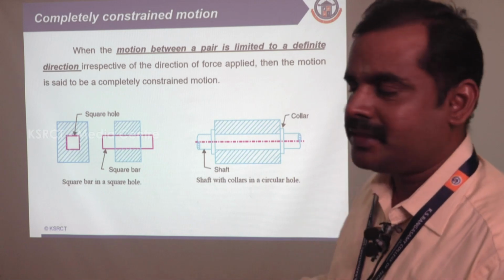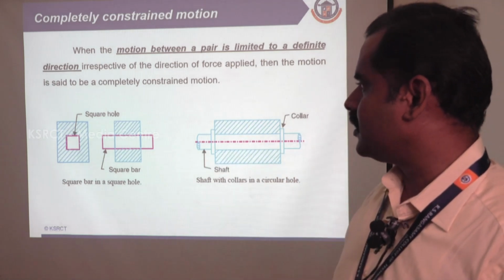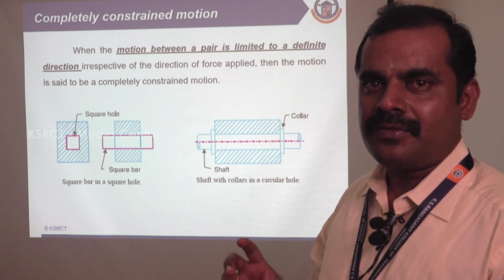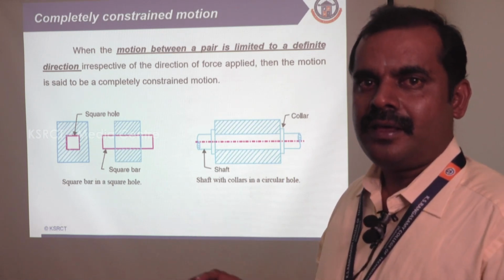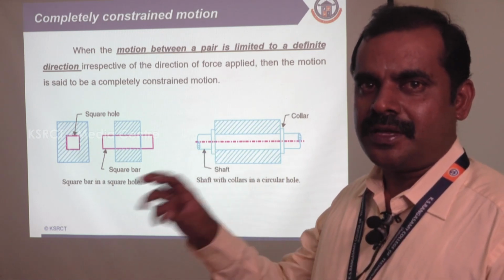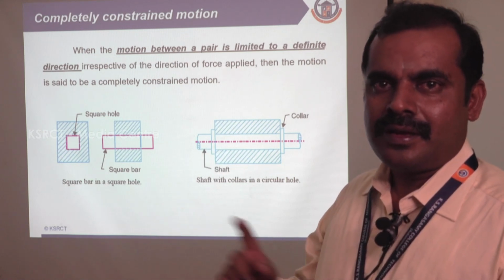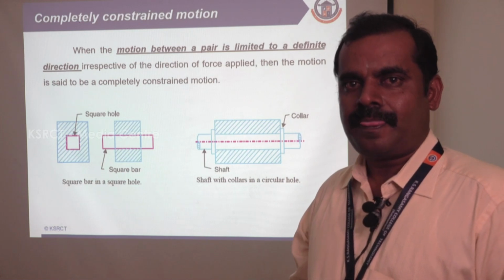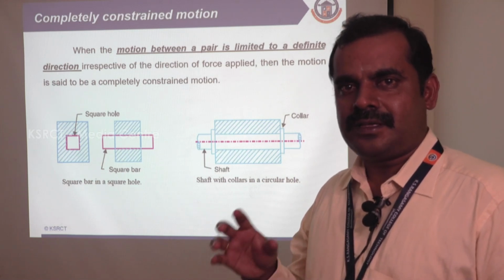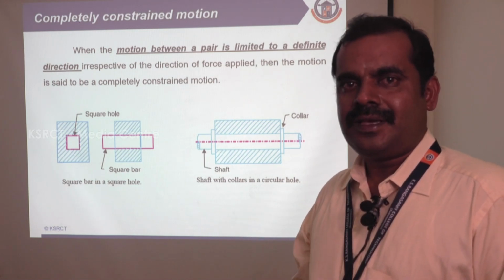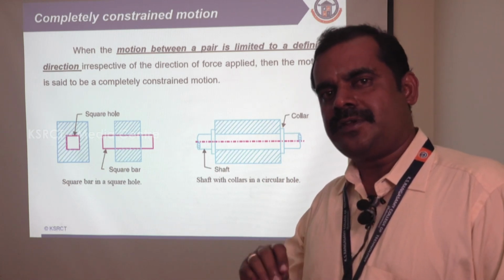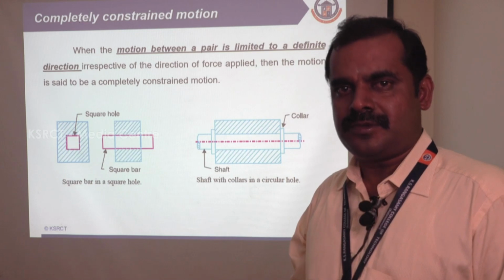For example, take a square bar pushing into a square hole. It will have only 1 degree of freedom, that is, it will be sliding in that hole only. Right? So the shape of the square itself constrains the motion, it should have a sliding motion only, not rotary motion.